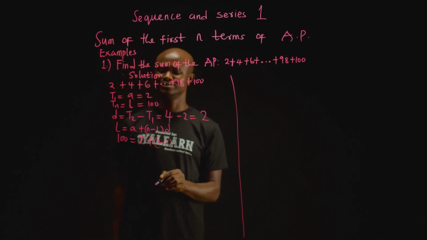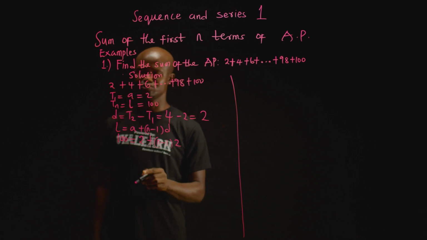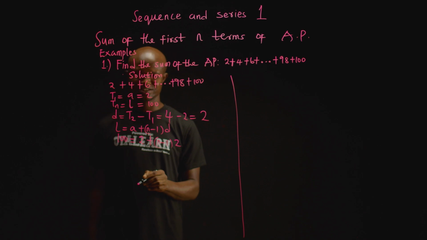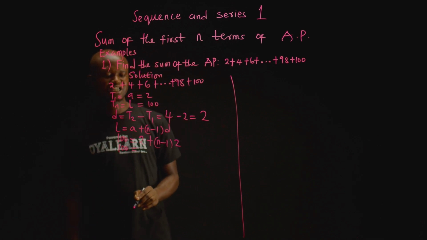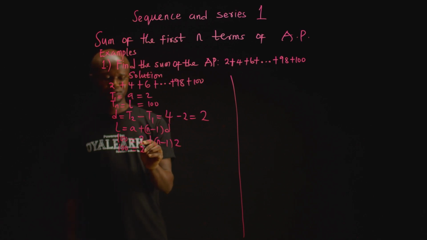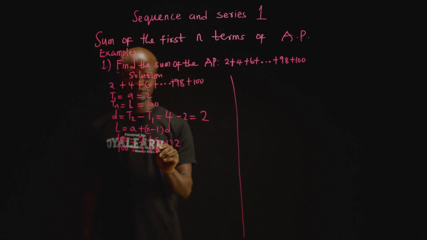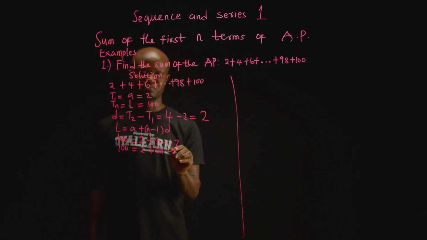Then what is D? D is 2 also. A is 2 and D is also 2. So in this case, we are going to expand the bracket. Expanding the bracket, we have 2 plus 2 times n, we have 2n. 2 times minus 1, we have minus 2.